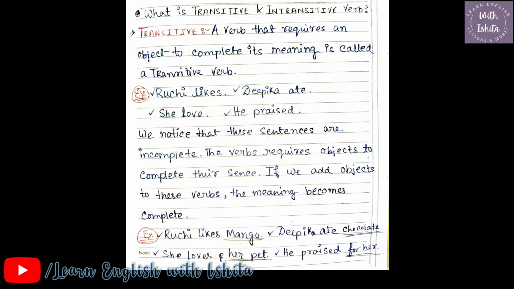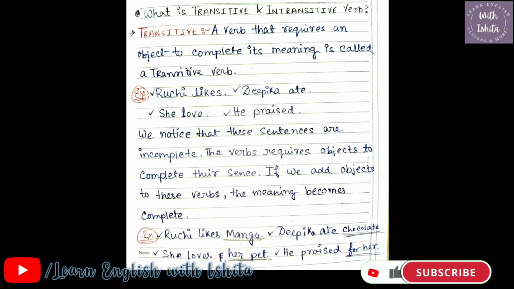A verb that requires an object to complete its meaning is called a transitive verb. Remember, a verb that requires an object to complete its meaning. For example, Ruchi likes, Deepika ate, she loved, he praised. We notice that these sentences are incomplete. The verb requires an object to complete the sense.